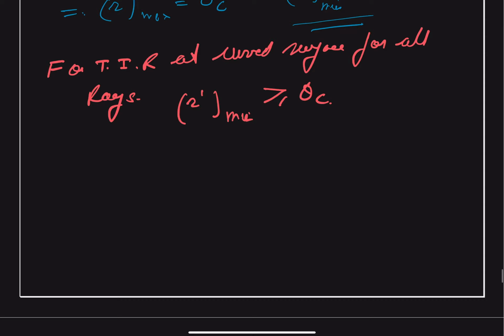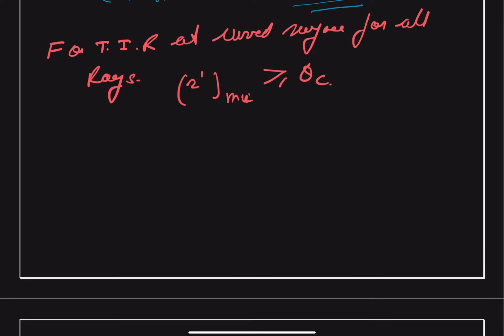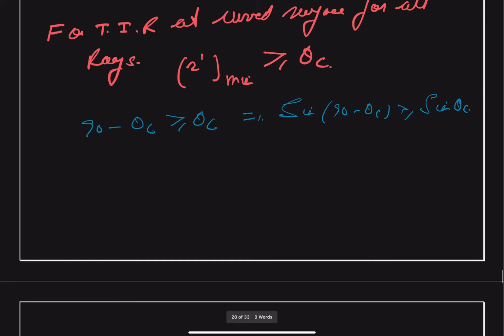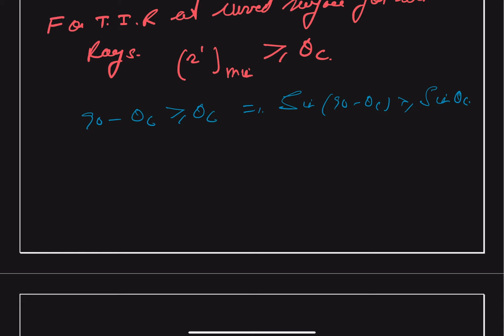Okay. So we simply substitute the value, we get 90 minus theta c is greater than or equal to theta c. This gives us that sine of 90 minus theta c is greater than or equal to sine of theta c, which we can write as cos of theta c is greater than or equal to sine of theta c.